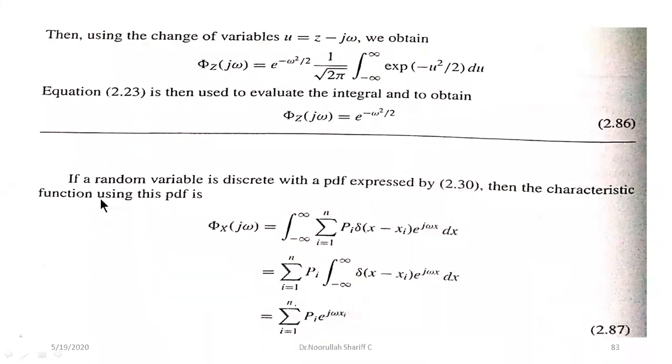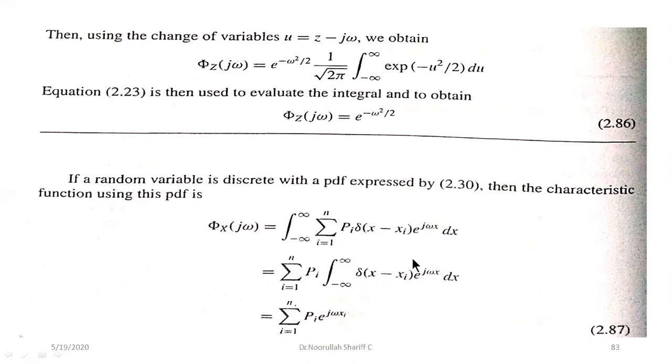Now, if we consider a discrete random variable with a PDF, then the characteristic function using this PDF will be this expression over here for the probability, and e to the power of j omega x is what we have. So for a discrete function, the PMF or PDF, whatever you call it, and e to the power of j omega x, you can change the order of integration over here.